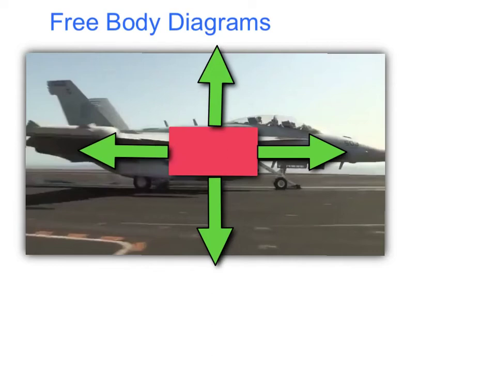Well, this is going to be wrong. If you got it like that, it's going to be wrong because it's accelerating a lot. So actually, what we should do is something like this. It's an unbalanced force. So the arrow that is going in the direction of the movement is going to be longer. Got it? Excellent.